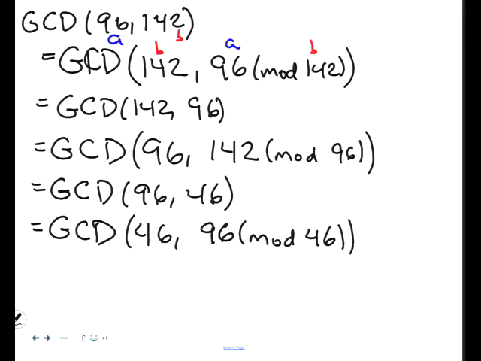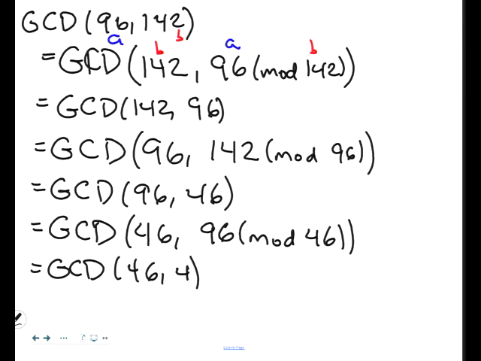And what's 96 modulo 46? It's just 4, right? Because there are two 46s in 96. I get 46 times 2 is 92. Okay? So we now get a GCD of 46 and 4. Okay, well now we're getting something that's starting to look manageable. Are we good with 4?